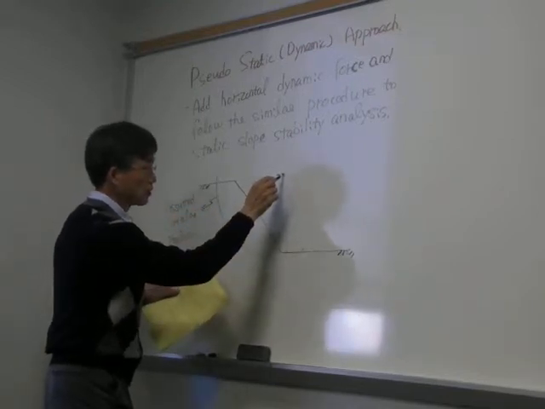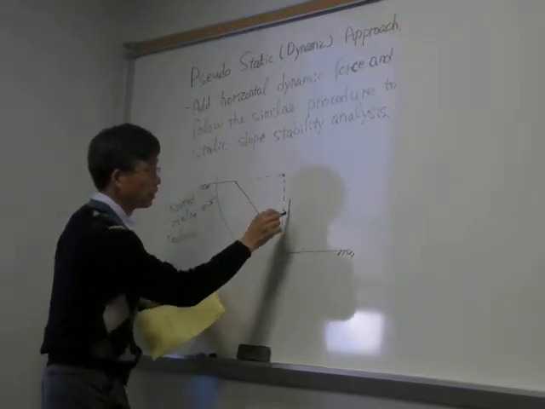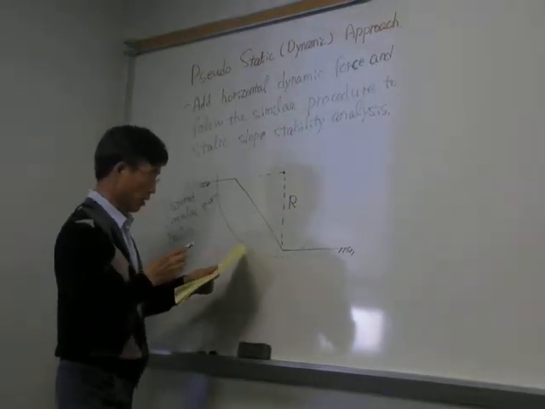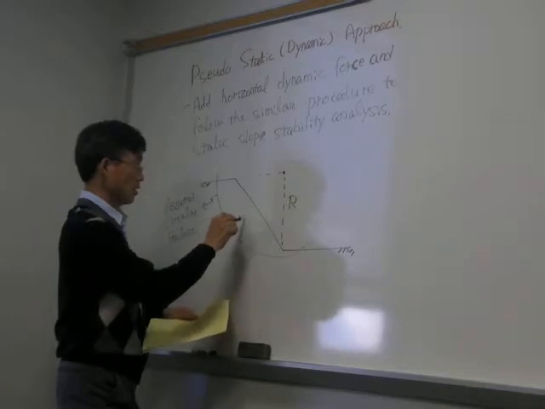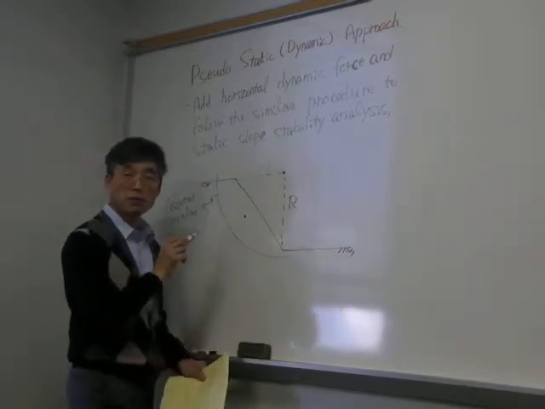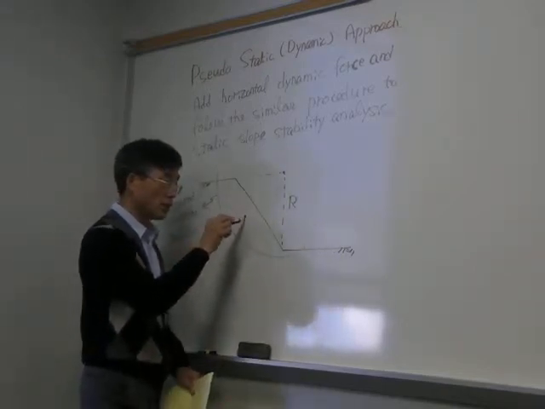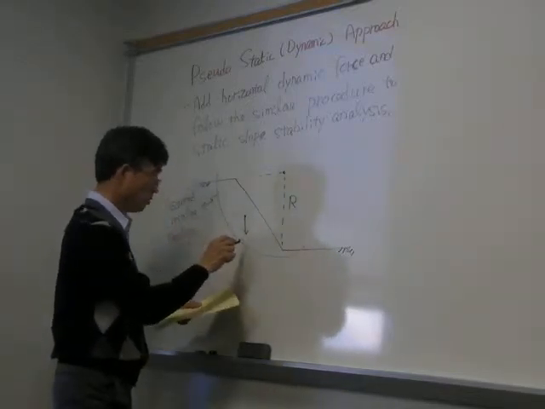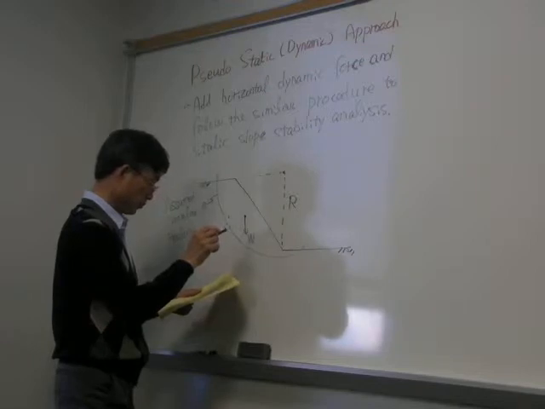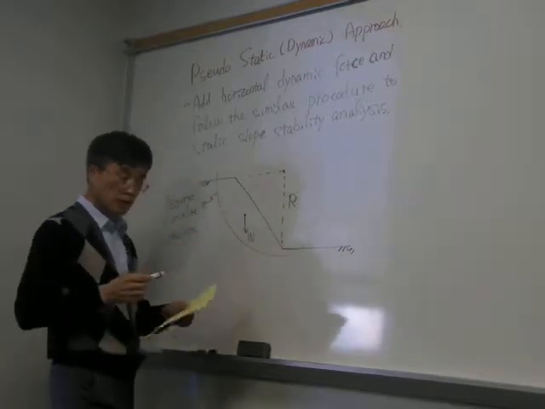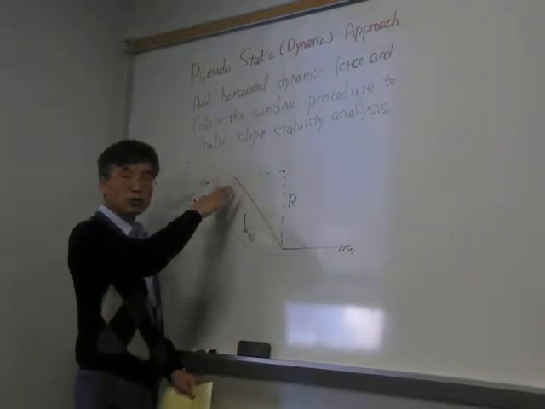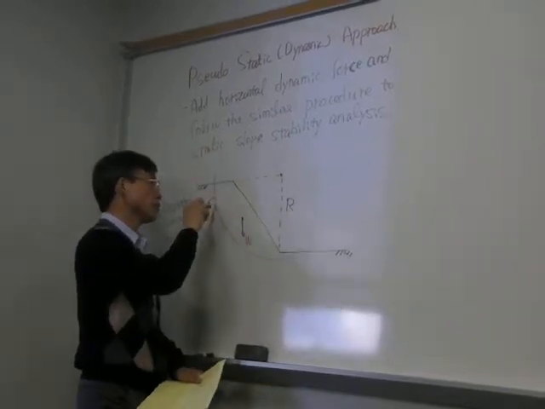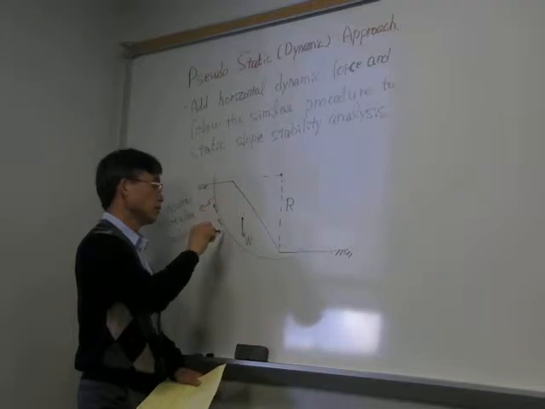And this distance, we will say radius of rotation. And driving force will be actually caused by the weight of this one. We will say weight is W. And when there is the rotational motion, there will be the resisting stress from the soil.